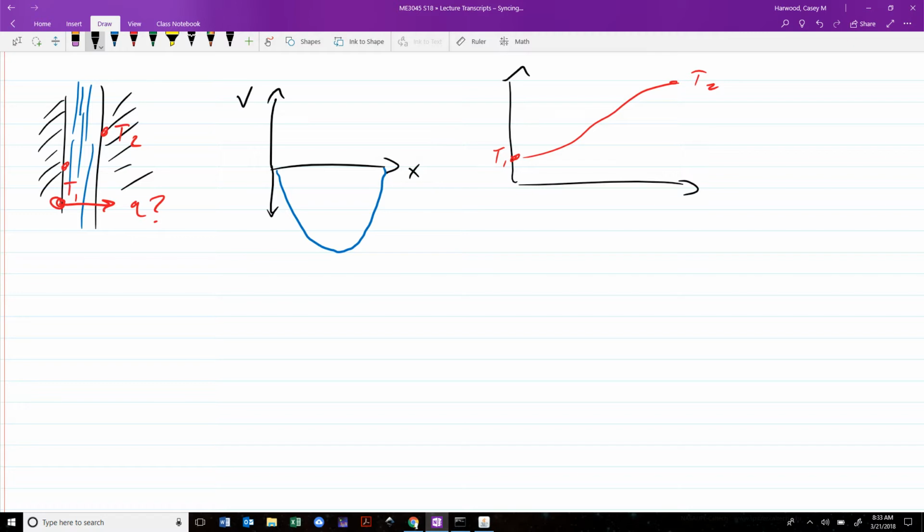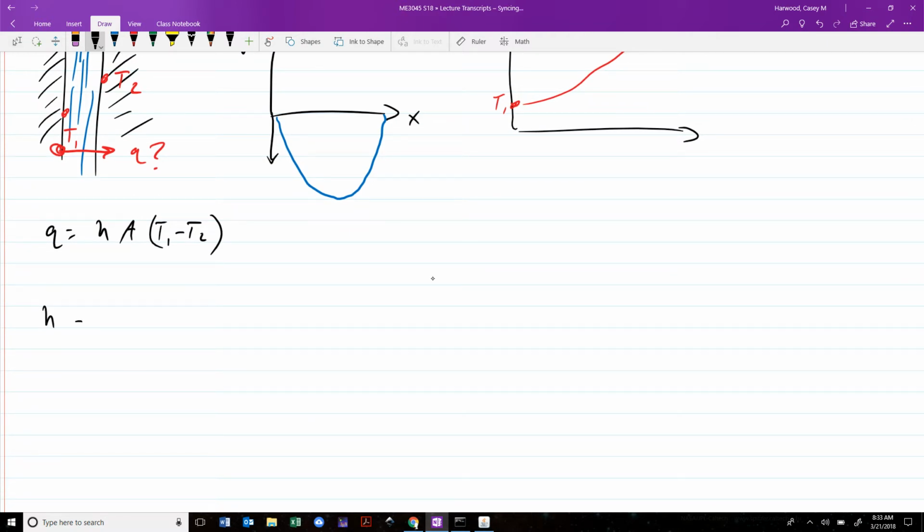And if we wanted to calculate that using a convective heat transfer equation, or Newton's law of cooling, we would say that Q is equal to H times the area of the plate times T1 minus T2, right? Where H, and this is the biggie here, is sort of the golden ticket to finding this heat transfer rate.